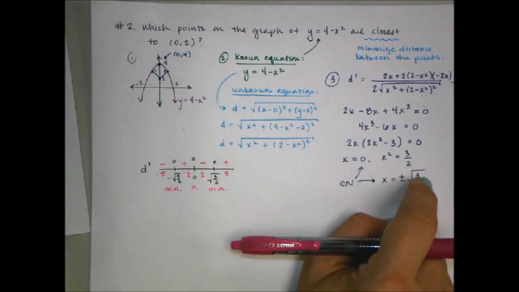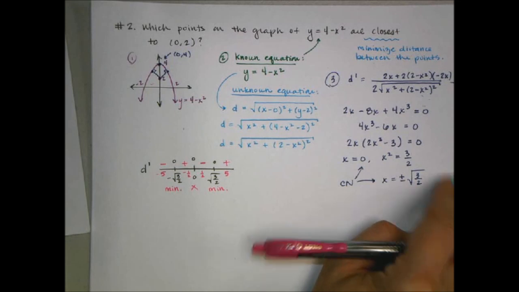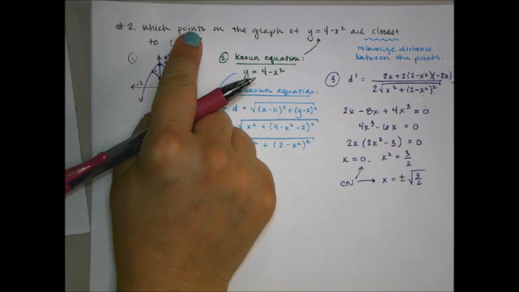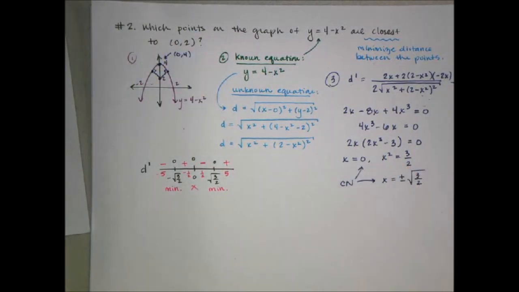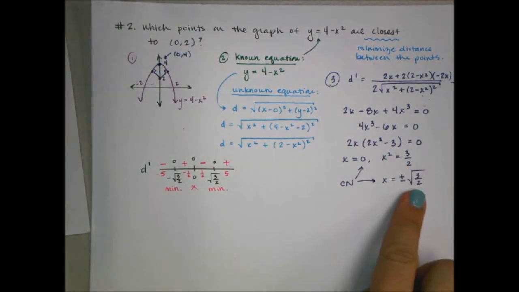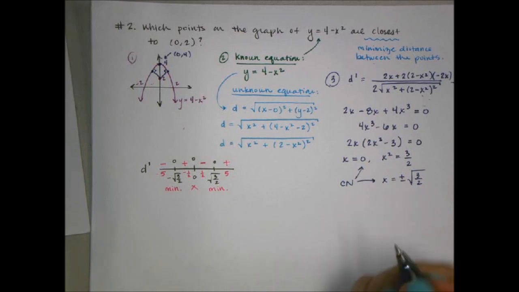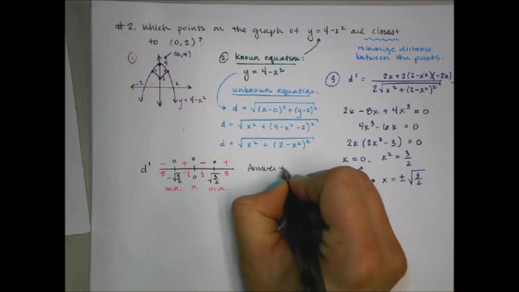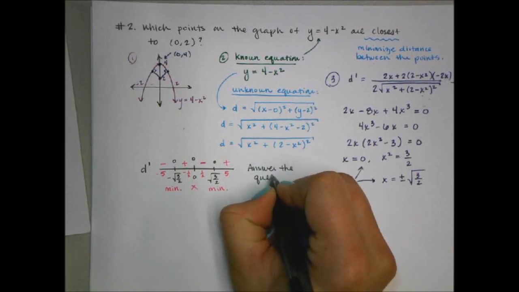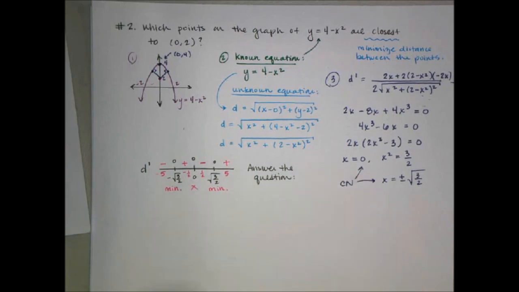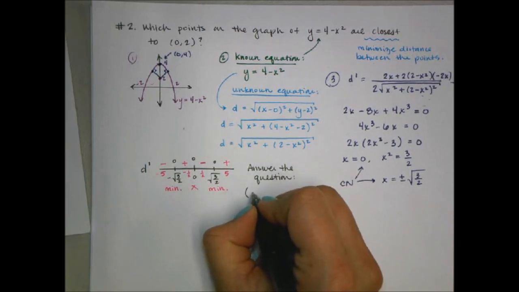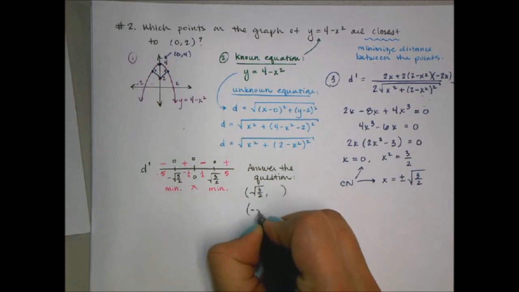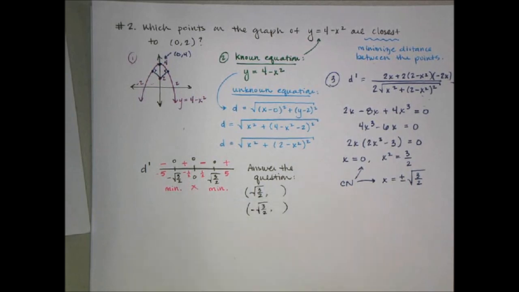So I found the values that give me my minimum. Okay, the x values plus and minus root 3 halves. If I want the point, I just need their corresponding y values. So we do need to plug these numbers back into our function. So I guess our last step is their corresponding y values.